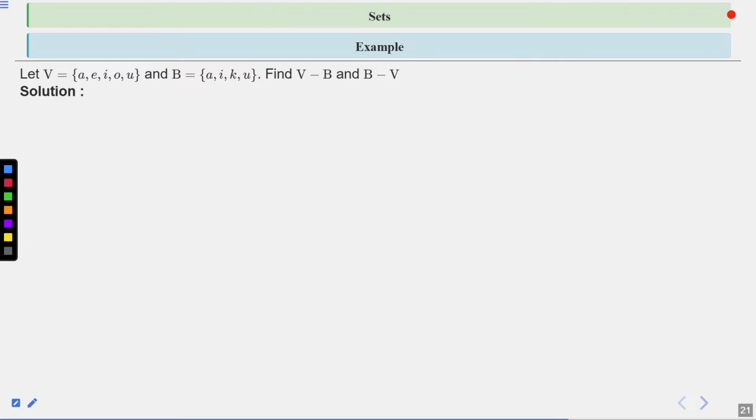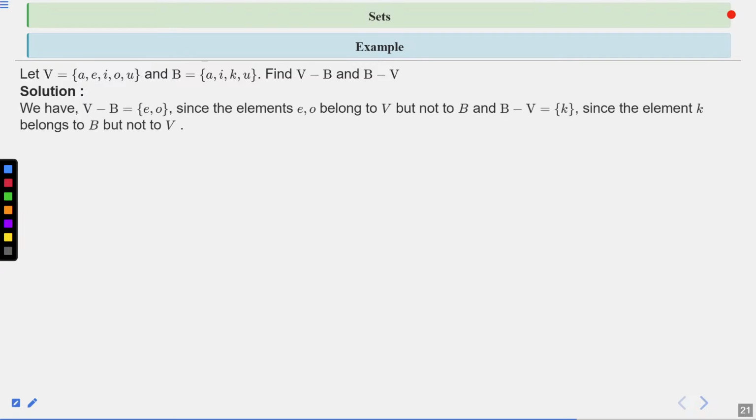Now, solution. It is very simple to write the difference V minus B. How? Start by writing down the set V: A, E, I, O, U. Then what we are trying to do is to eliminate all the elements which also belong to the set B. Here A belongs to B, eliminate it.